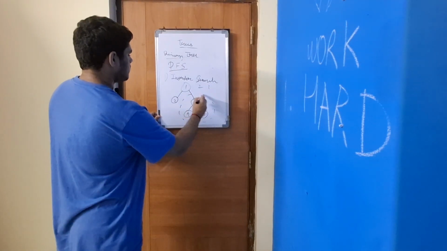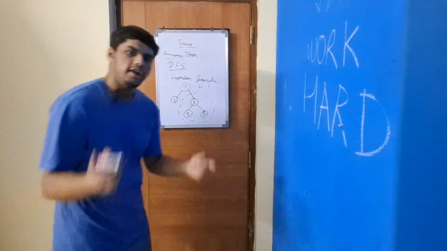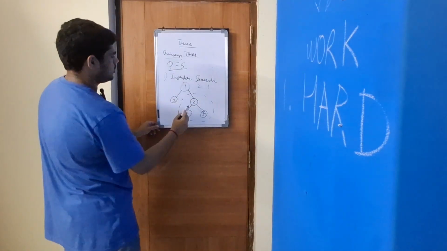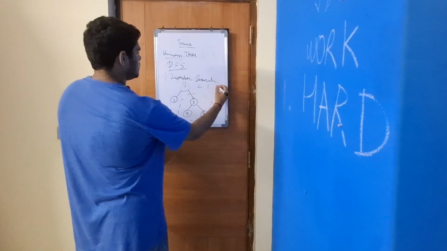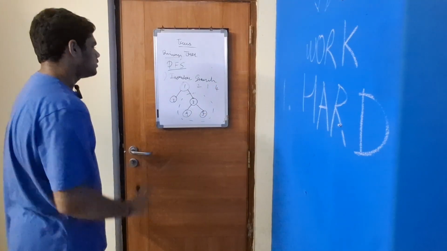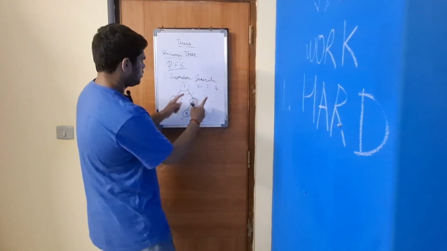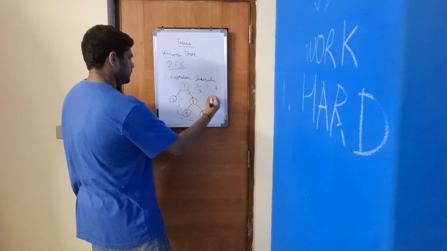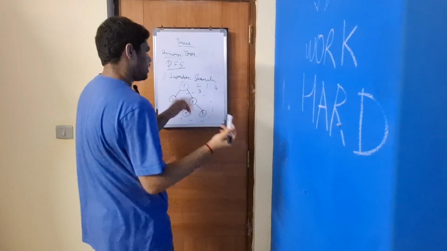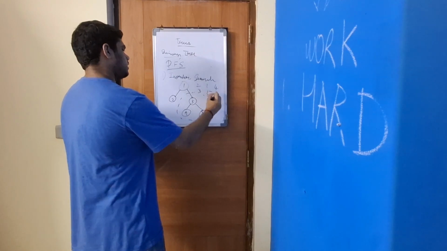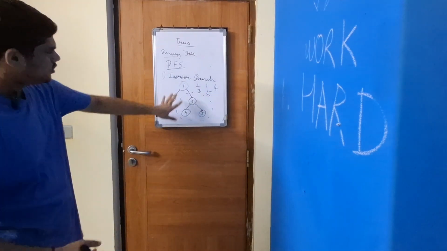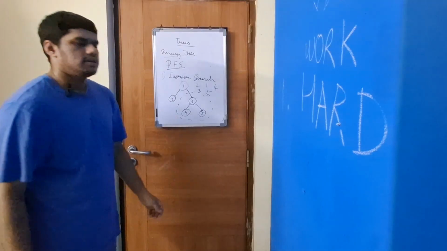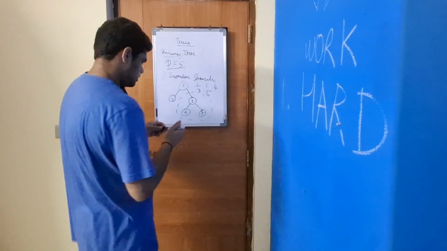Now in this right node, you have to again go to the left, which means the left part of the right node, which is 4. 4 will be printed. Then you'll go to the root node of the right part, which is 3. Then you'll go to the right part of the right node, which is 5. And this was the same for 2 if it was on the left. And that's it about in-order search.